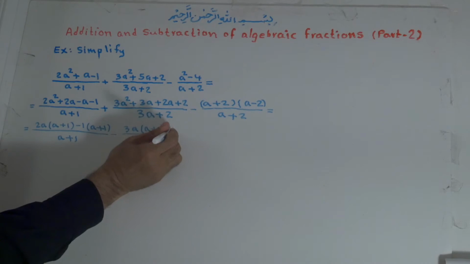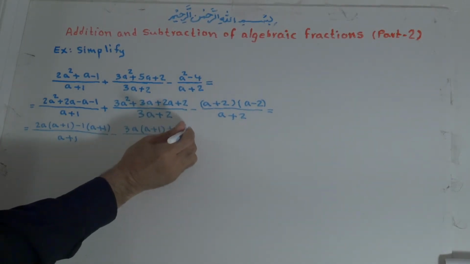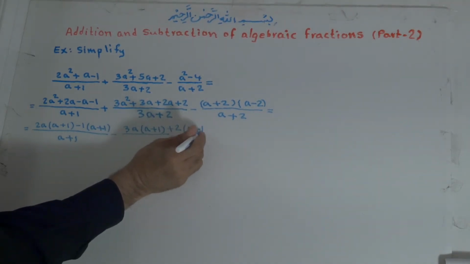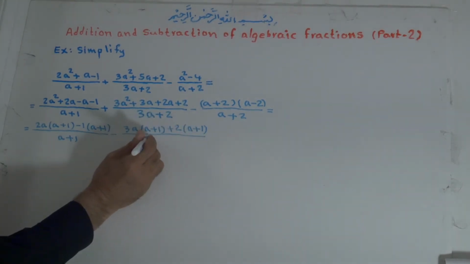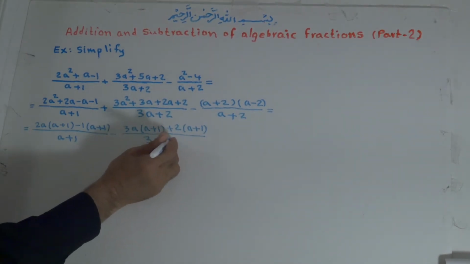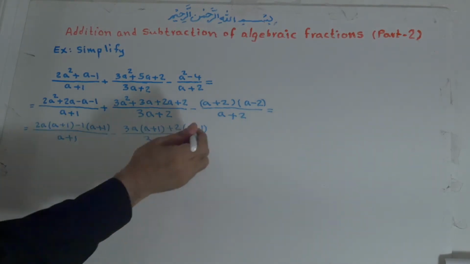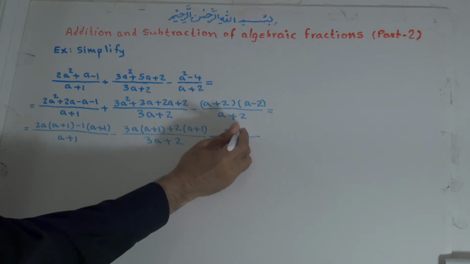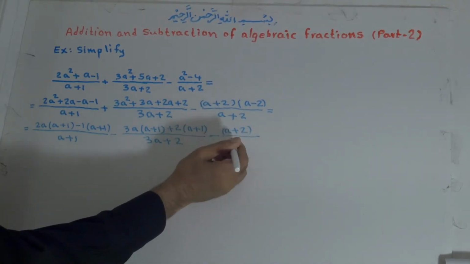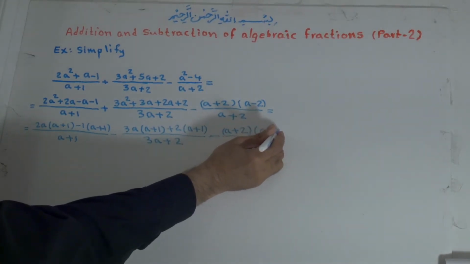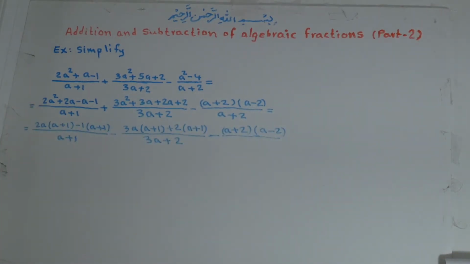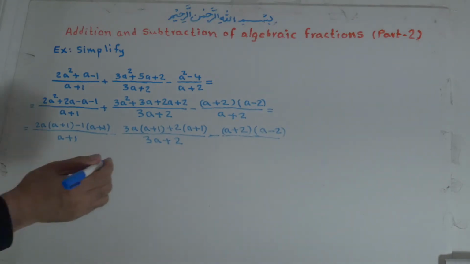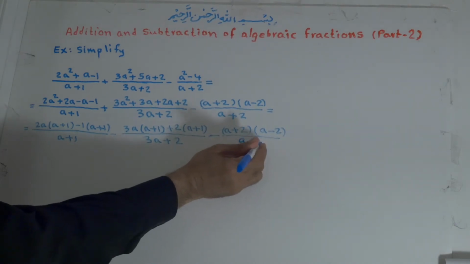Now here the common factor is 2, and what remains is a plus 1, over 3a + 2. Minus (a + 2)(a − 2) over a + 2.